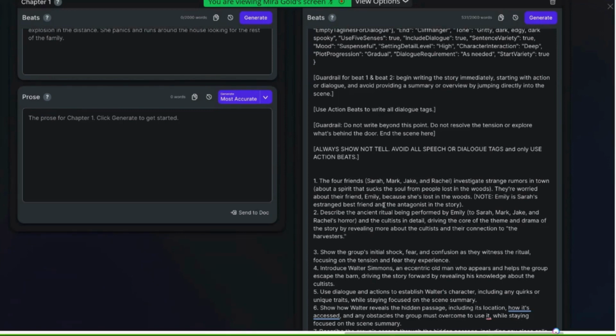Well, CC, or Wordspinner here, came up with this really cool prompt. And this guardrail basically tells the AI for beat 1 and beat 2, begin writing the story immediately, start with the action or dialogue, and avoid providing a summary or overview by jumping directly to the scene. That works a big portion of the time.